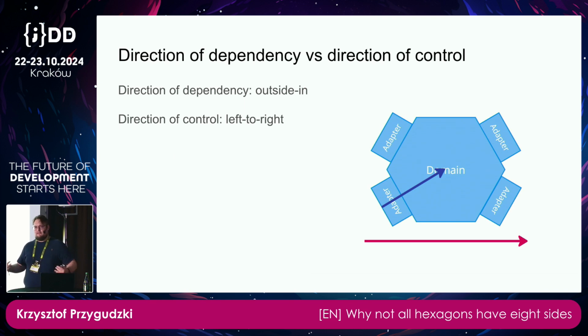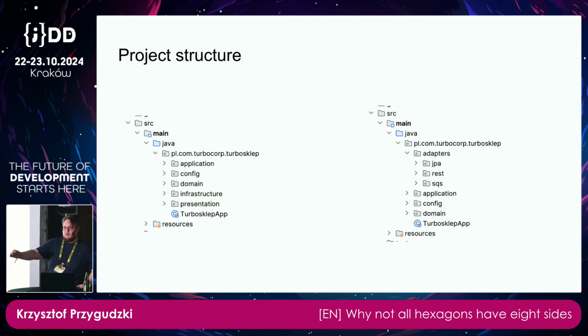So as much as we have the dependency going from the outside in, so it's consistent and clear, we also have the direction of control going from the left to the right consistently without any complexity, right? So you didn't know you have this problem, but hexagonal architecture comes to the rescue to solve it for you.